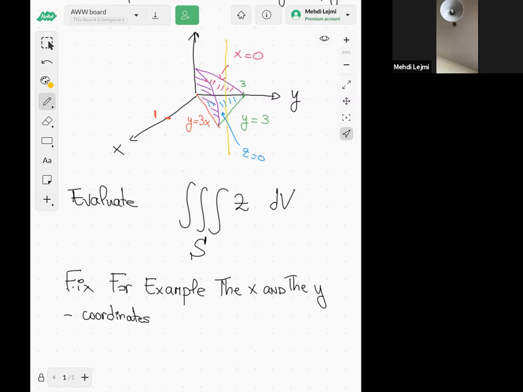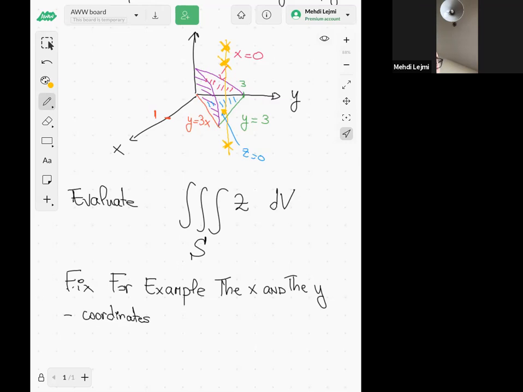It is perpendicular to the xy plane, so you have this right angle. If you take any point lying on this yellow line, they have the same x coordinate and the same y coordinate.